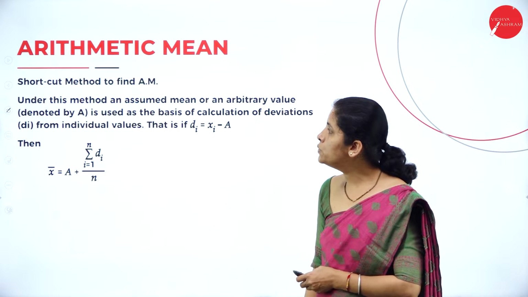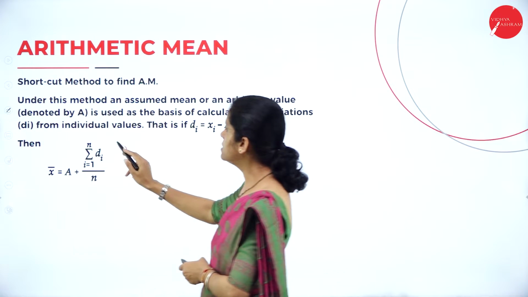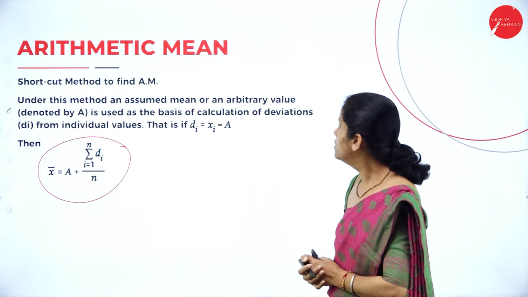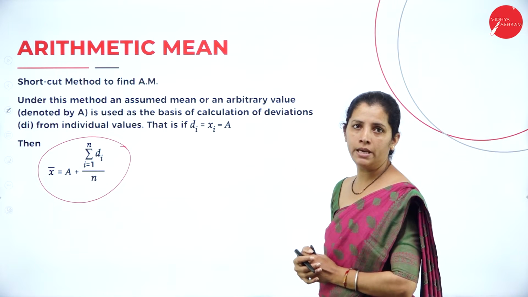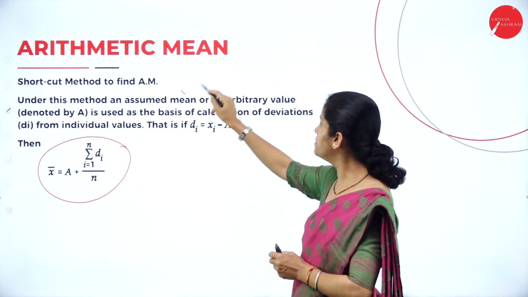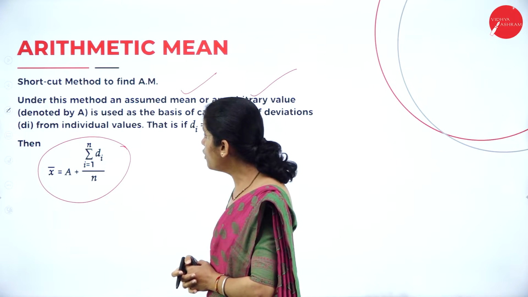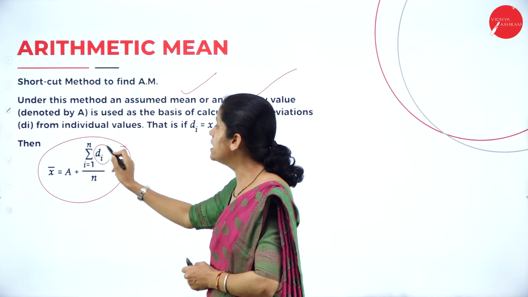And if I use the shortcut method, this is the formula. A is the assumed mean or arbitrary value. The mean equals A plus summation i equal to 1 to n of di, whole divided by n.